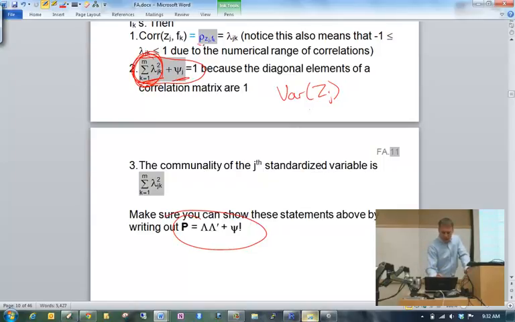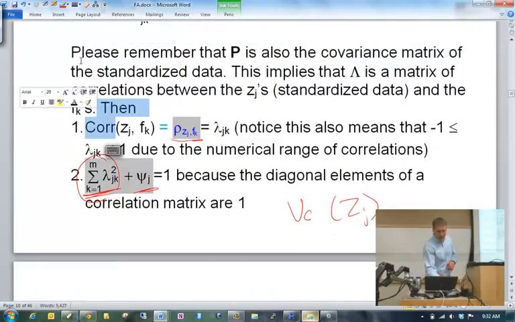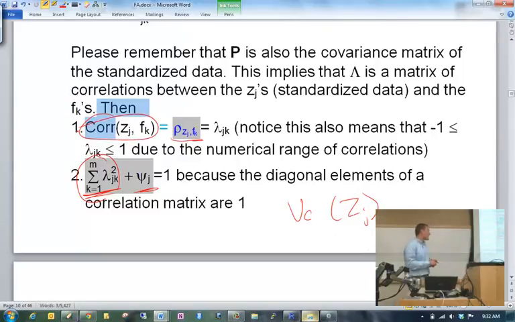Also, let me make this little change here. If I look at the correlation between z sub j and f of k, let me blow that up so you can see a little better. I don't think I had used this notation before to represent correlation. Some books use different notation. I have correlation of z sub j and f sub k, or equivalently, what we had learned in the data distributions and correlation section, I had instead used this notation.